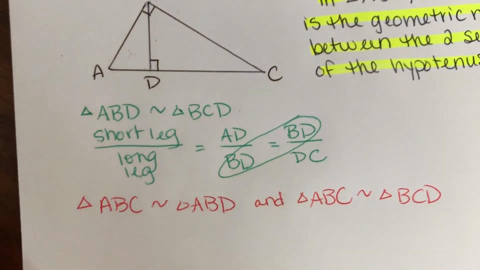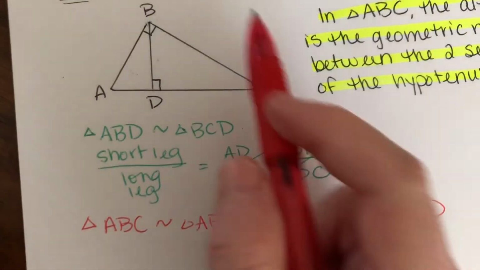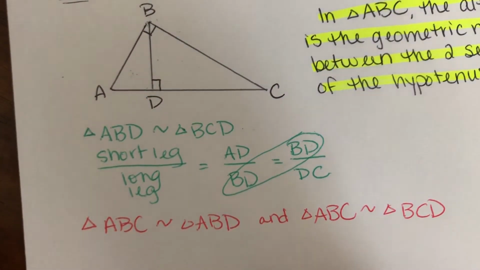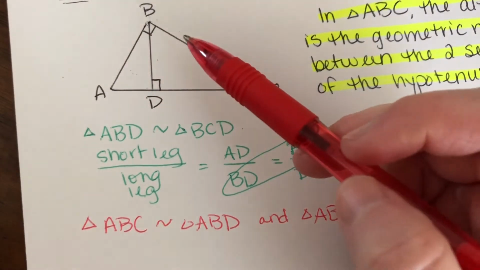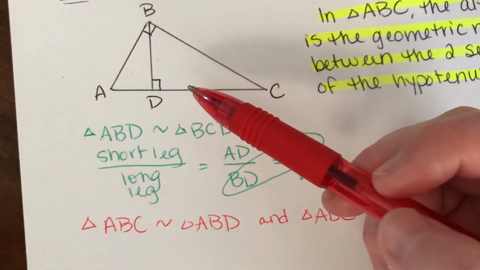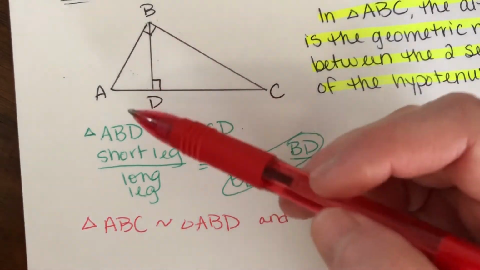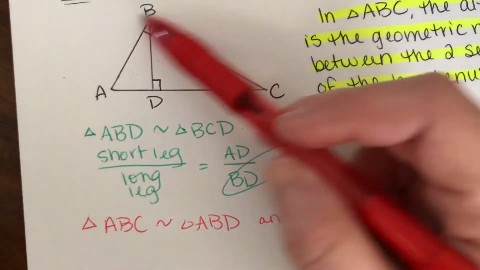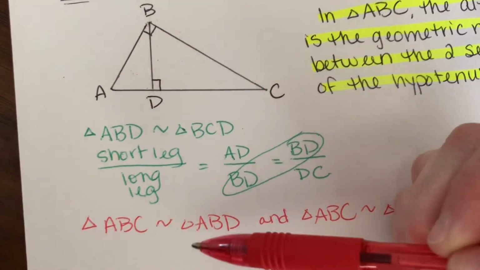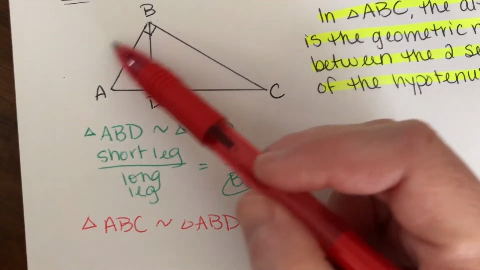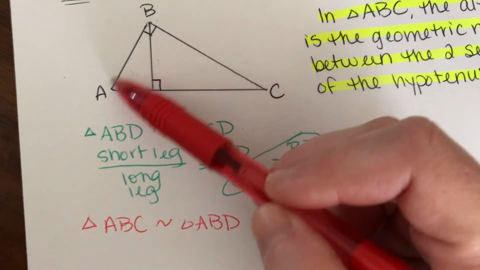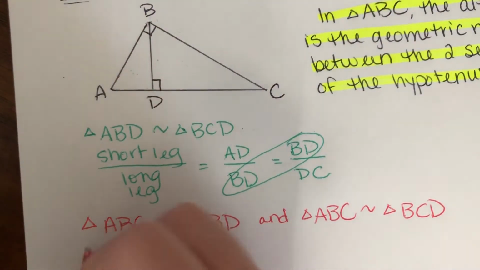Okay, so we know those two things are true, so we can keep setting up proportions, right? So we can set up a proportion that shows the double use of AB, which is this guy. So what is AB? Well, in the big triangle, it's the short leg. And in the little triangle, it's the hypotenuse. So I can write short over hypotenuse.